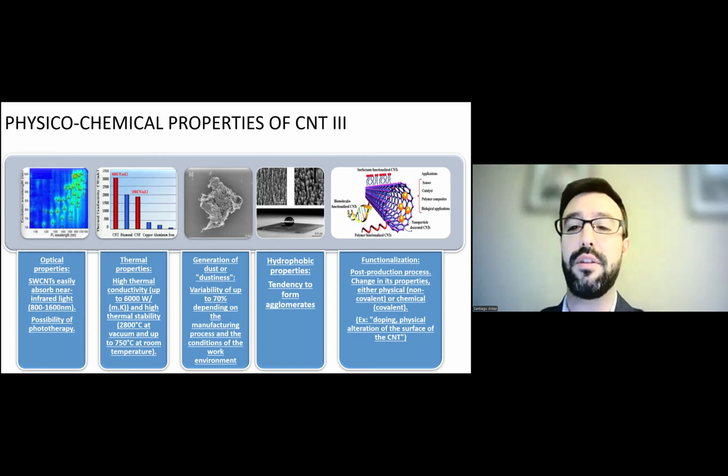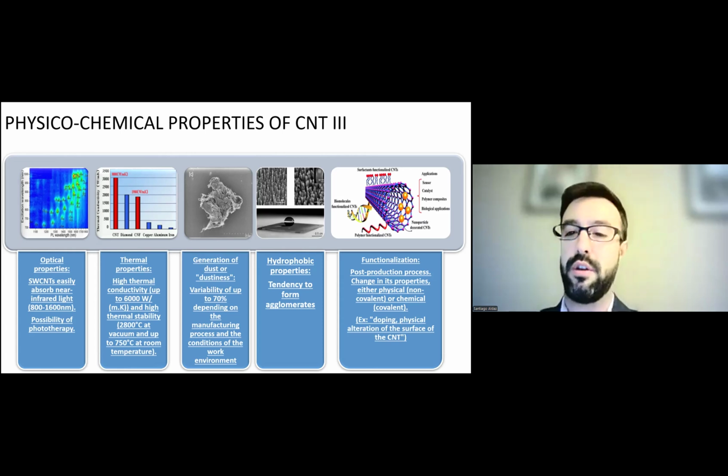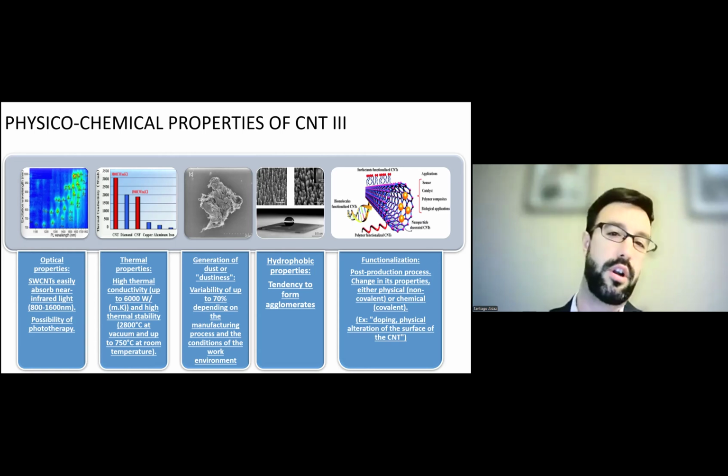Then we have the hydrophobic properties, which is the tendency of carbon nanotubes to form agglomerates. And finally, functionalization, which is a post-production process in which we can make some changes in the outer layer. So the properties, either physical or chemical, can be changed, okay? So the bonds, like non-covalent bonds or covalent bonds, can be changed too.